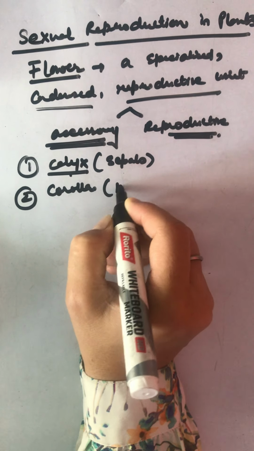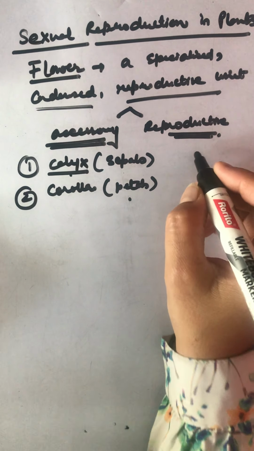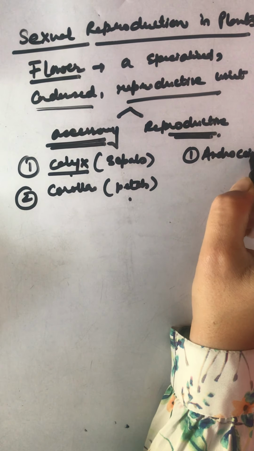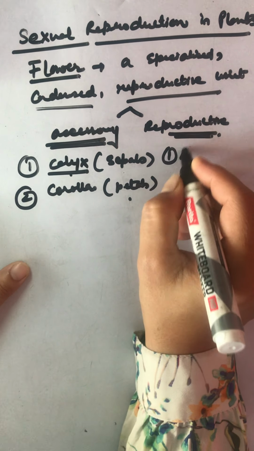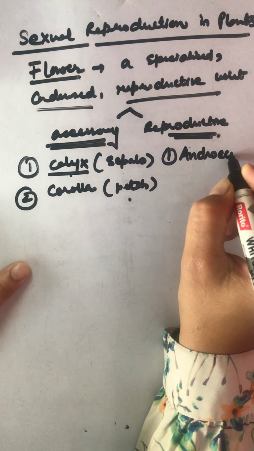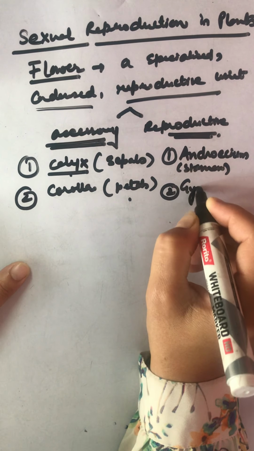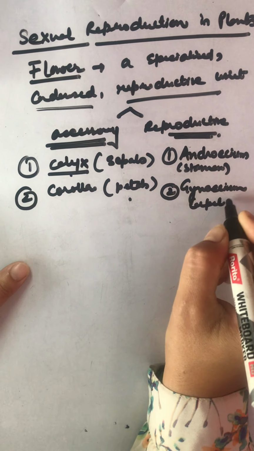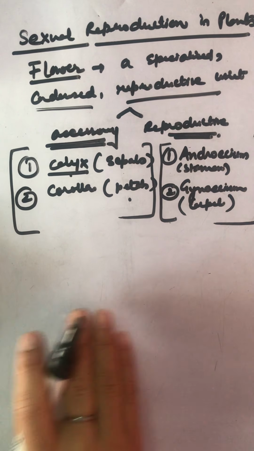These are known as petals, the colorful ones which will attract pollinators. Then here we say androecium or stamen, and gynoecium or carpel. These are the two reproductive units and these are the two accessory units.